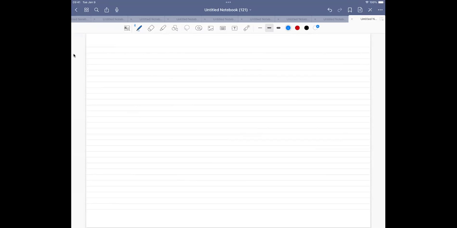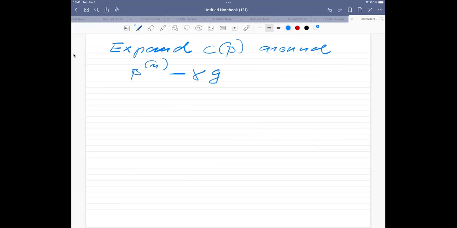So we expand now the cost function, this C of beta, around this beta of n minus gamma, and now just write G of n here. So G depends on beta of n. So I do a new Taylor expansion. And what I get then is a Taylor expansion of the following type.